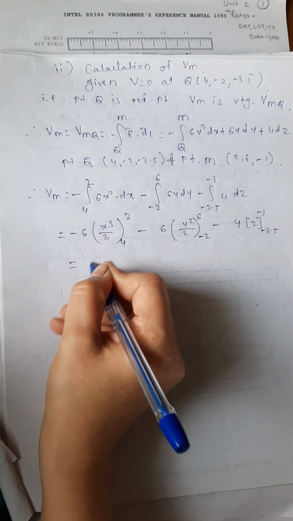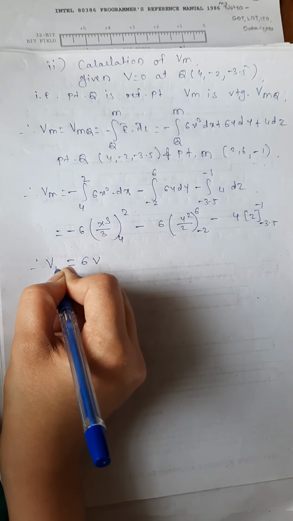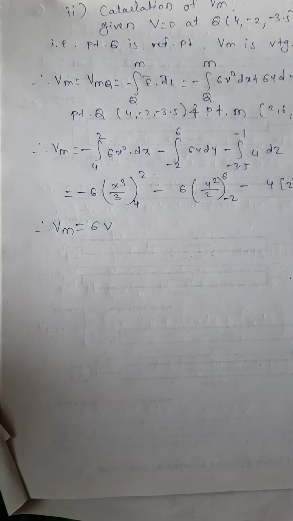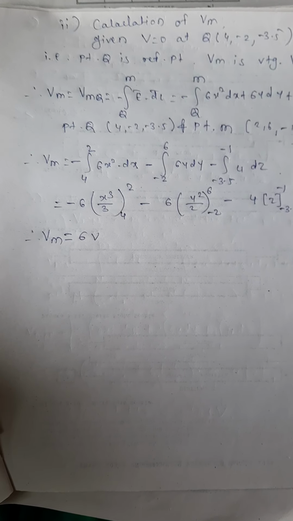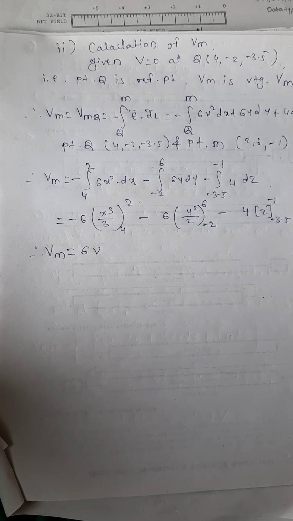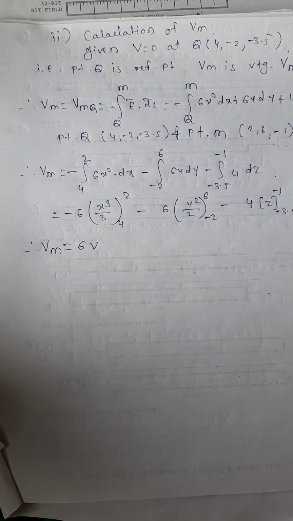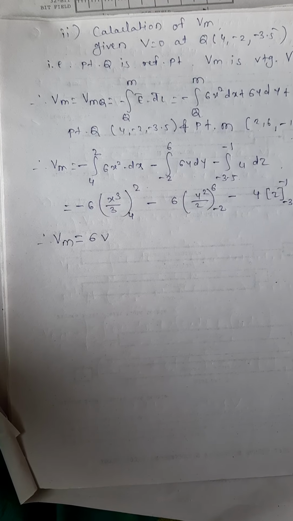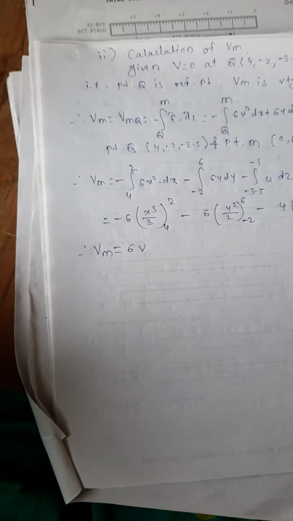So the final answer is 6 volt. Value of Vm is 6 volt. So in this way Vmn and Vm are calculated. This problem was asked in exam for 8 marks.